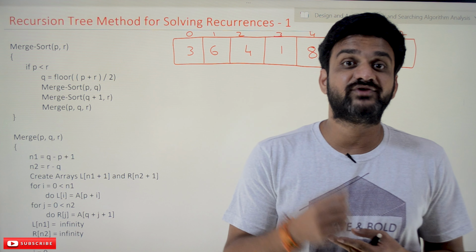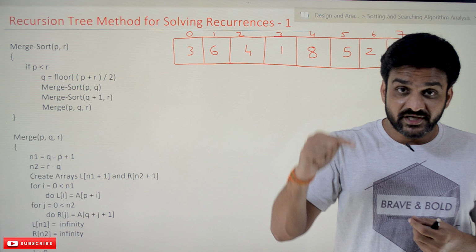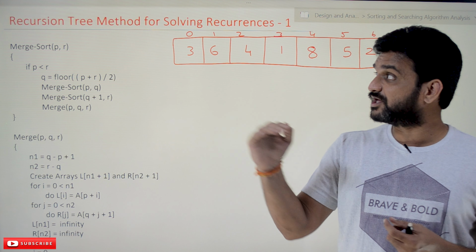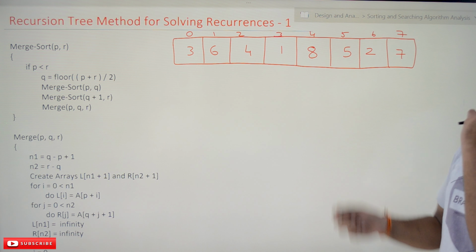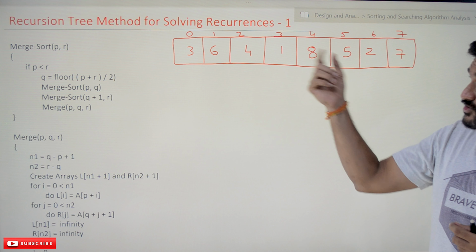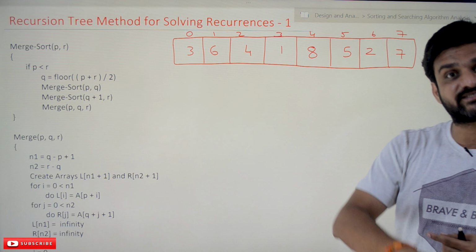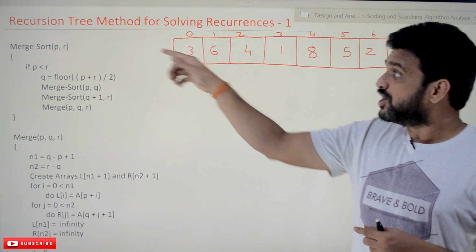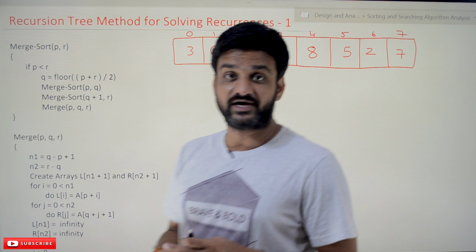Apart from these two, we have another method called the recursion tree method. We are going to understand that method in this class and in the next class also. This is the first video on recursion tree method for solving recurrences, in the sense recursive functions.